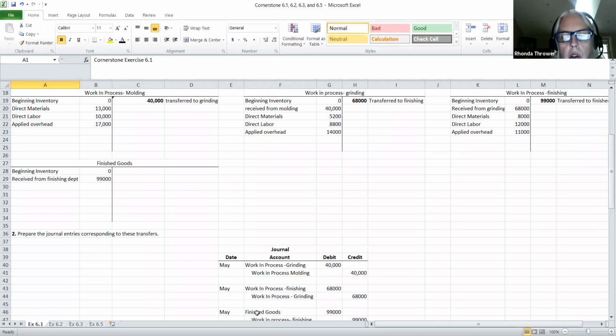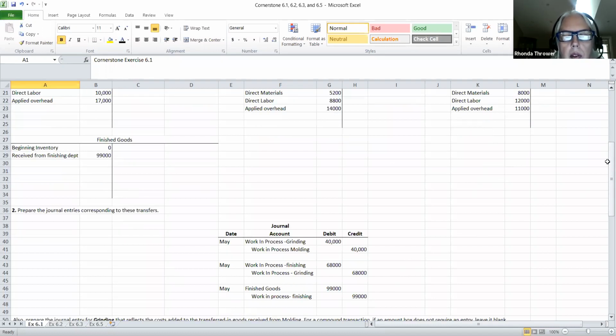So our finished goods was debited for $99,000, and the work in process was credited for $99,000. And this is how we would record the journal entries that correspond to these transfers.